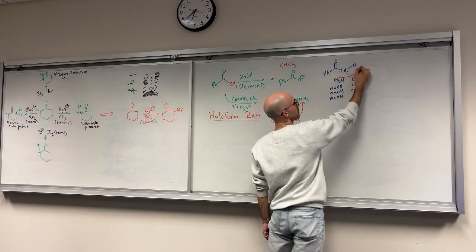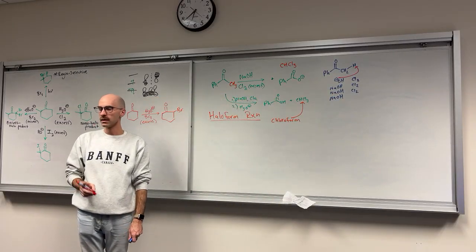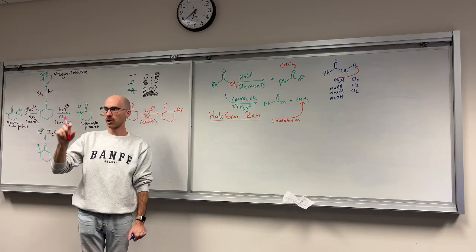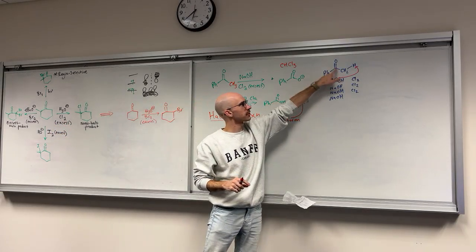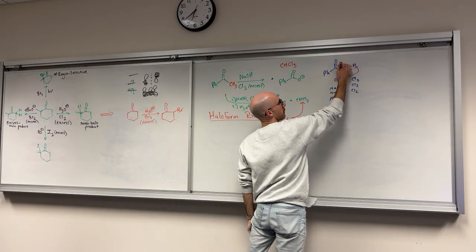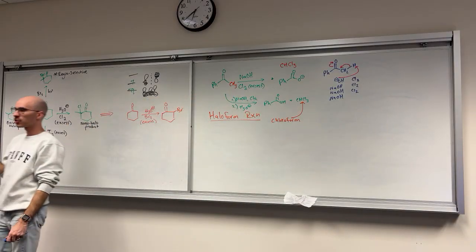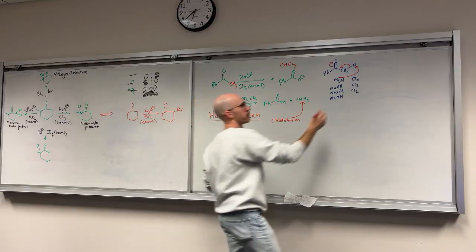Hydroxide acts as a base, takes an alpha hydrogen. I can show either of the 2 resonance forms where the carbonyl holds the electrons, where the alpha carbon holds the electrons, or where the carbonyl oxygen holds the electrons. I'm going to show the oxygen holding the electrons because that's the more stable resonance form.